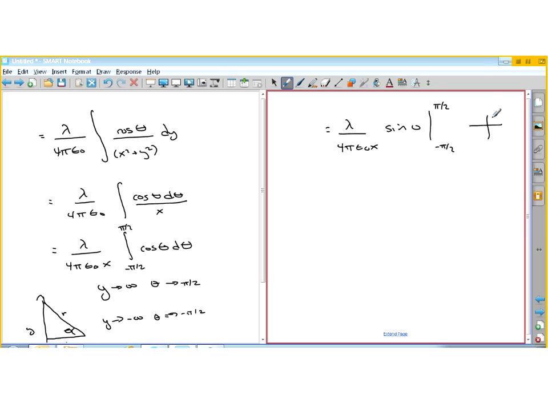So if you remember, the sine is the y component, so we go from y equals minus 1 to positive 1. The sine of pi over 2 is 1, and the sine of negative pi over 2 is negative 1. So we'll get lambda over 4 pi epsilon 0 x times 1 minus a minus 1, which is 2.